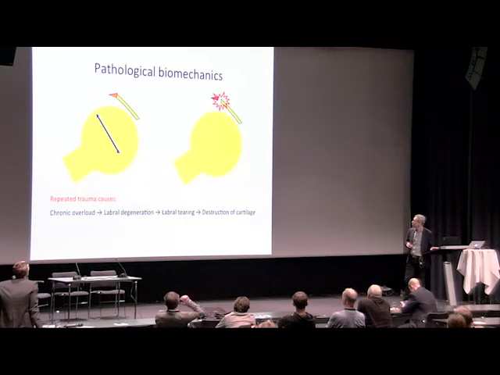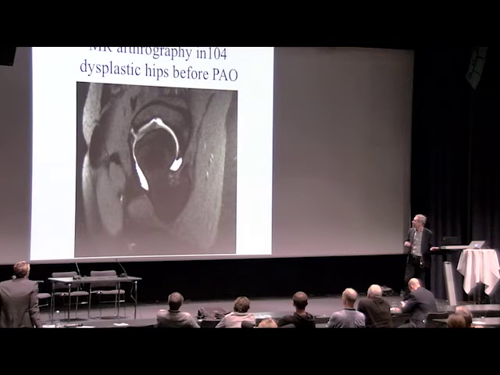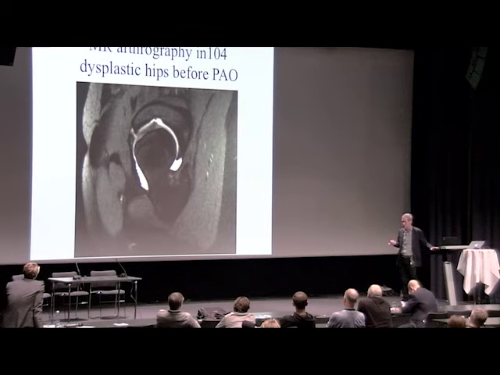and then we are in trouble. We did just finish this study where we MRI scanned 104 patients. 96% had labral pathology. So from now on, we don't do MRIs any longer. We regard all our patients with dysplasia as having a labral tear.